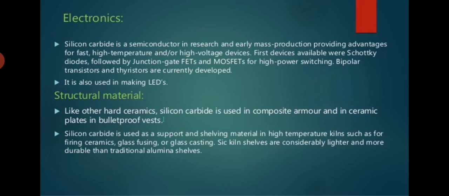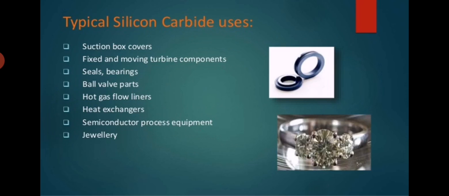These silicon carbide kiln shells are considerably lighter and more durable than traditional alumina shells. Some other typical silicon carbide uses are suction box covers, fixed and moving turbine components, seals, bearings, ball valve parts, hot gas flow liners, heat exchangers, semiconductor process equipment, jewelry, etc.